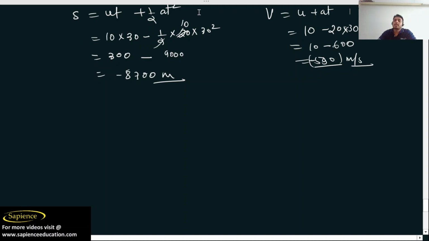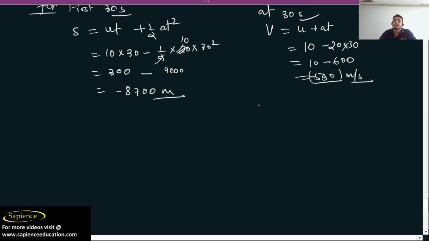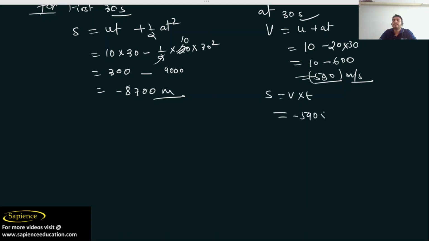So for the next 70 seconds, s is equal to v into t, so this will be minus 590 into time 70. So this will be minus 41,300, and this is your 8700.